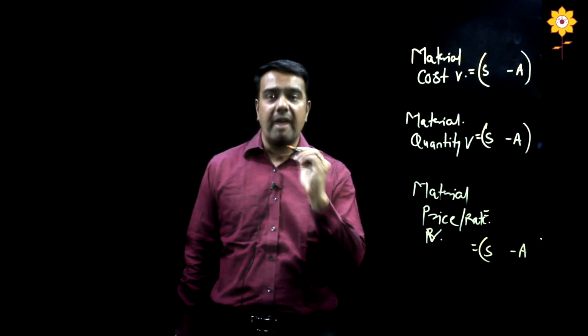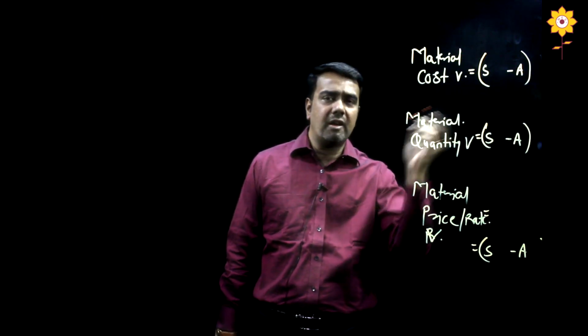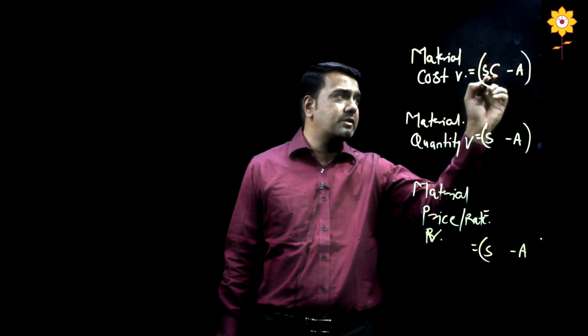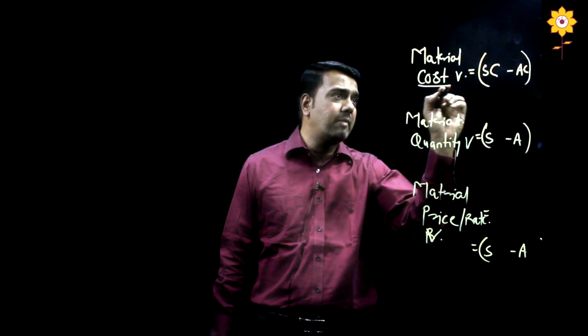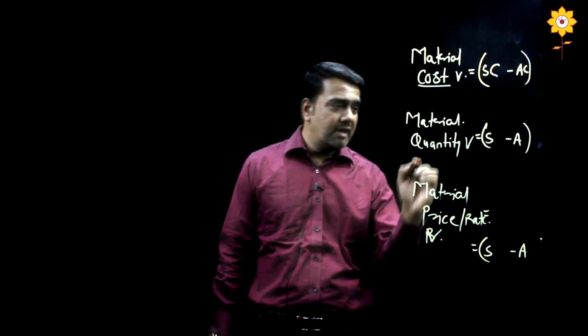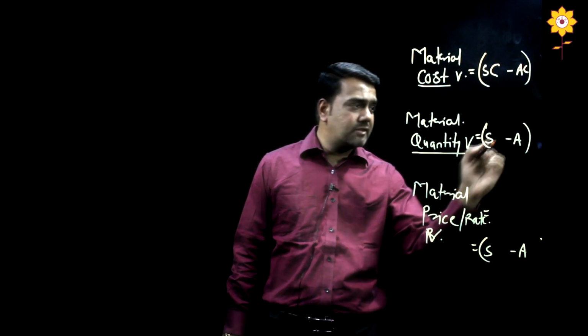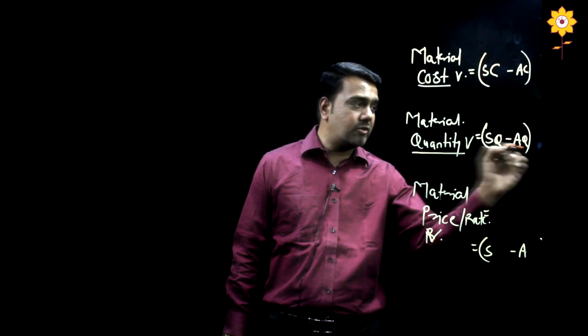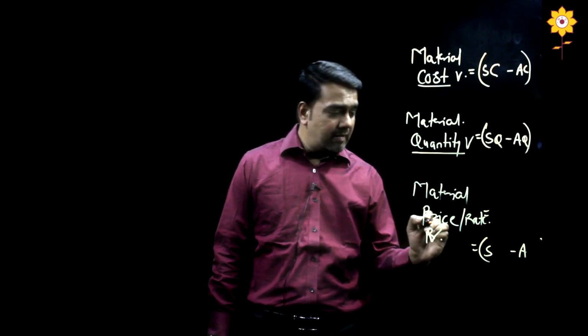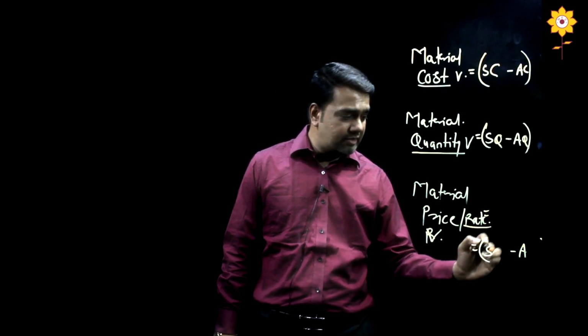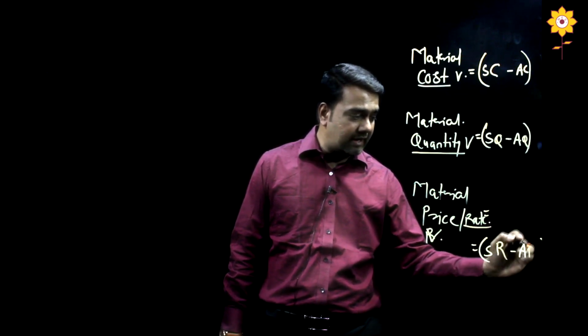Which variance are we calculating? Material cost variance, so standard cost minus actual cost because I am calculating cost variance. Material quantity variance, so always standard quantity minus actual quantity. Material price or rate variance, so standard rate minus actual rate.